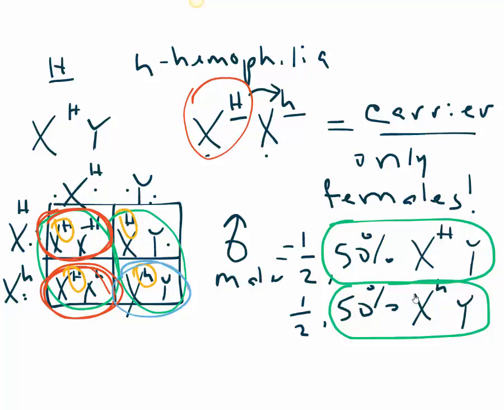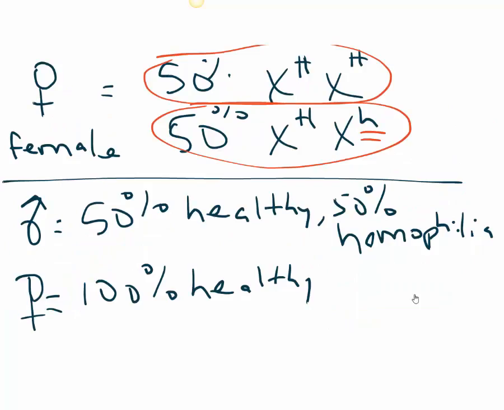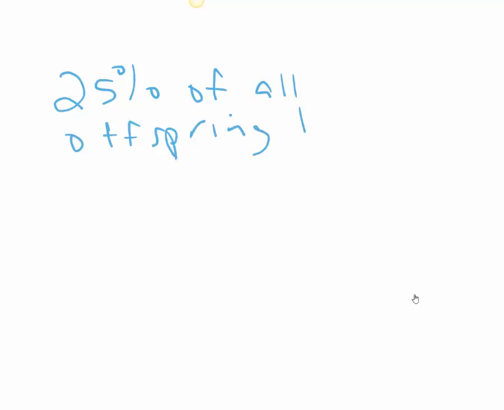So we can say that this is the group that's going to be unhealthy. So of all the kids, 1 out of 4, this group here, or 25%, so 25% of all offspring will have hemophilia.